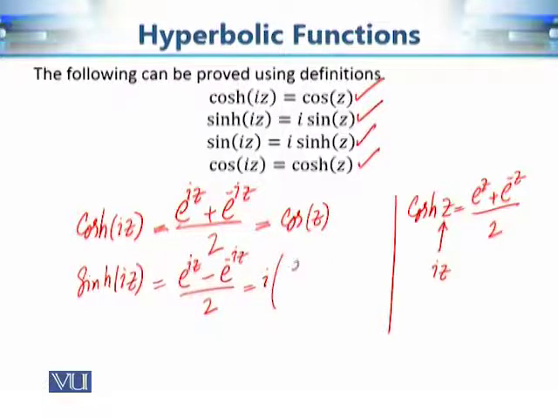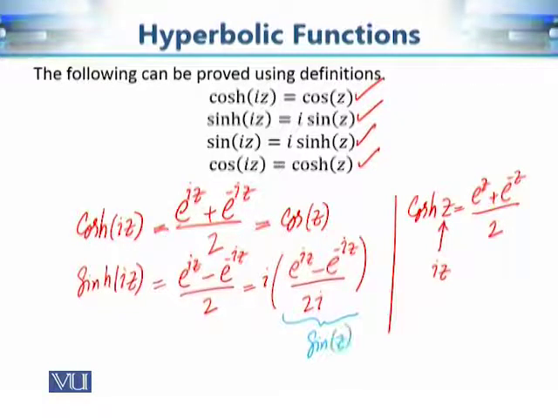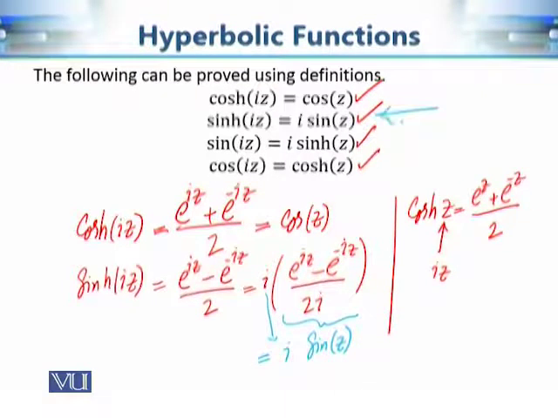So what we do, we multiply and divide with iota, iota z divided by 2 iota. Now this expression is basically sine z, and here we have iota, so this is equal to iota sine z, so that's this identity. And similarly we can prove the other two identities.